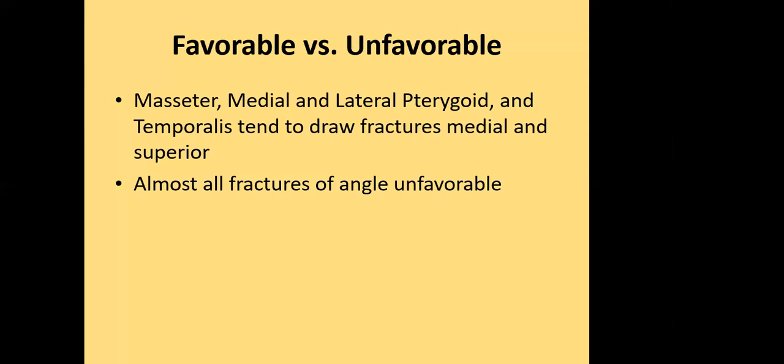And so that is usually best managed with internal fixation. And when there's no internal fixation, when you do just the simple intermaxillary fixation, that is usually the major root cause of non-union, non-healing, things like that.